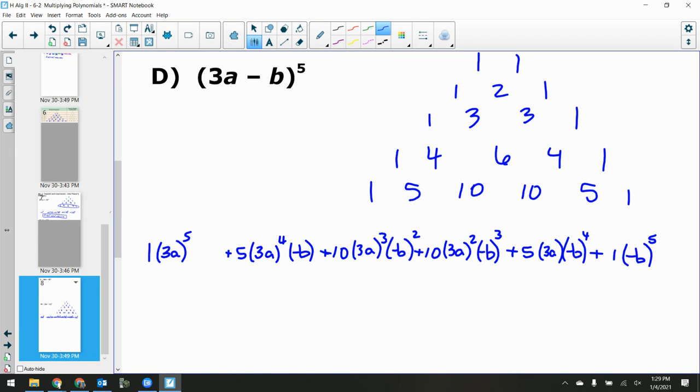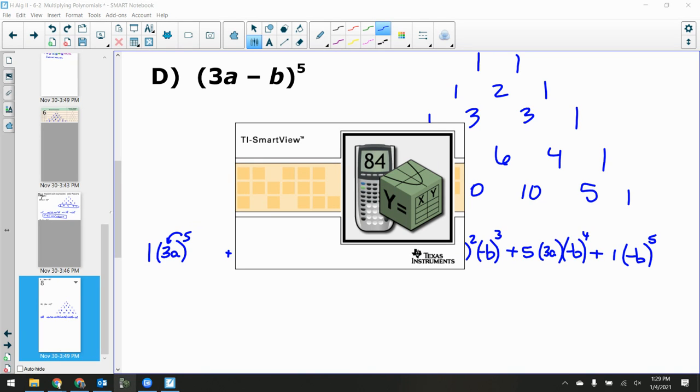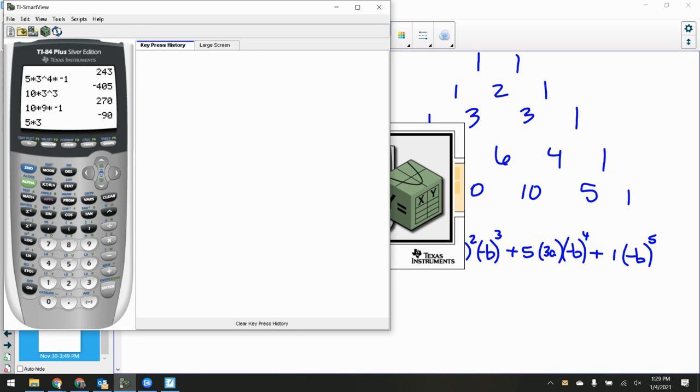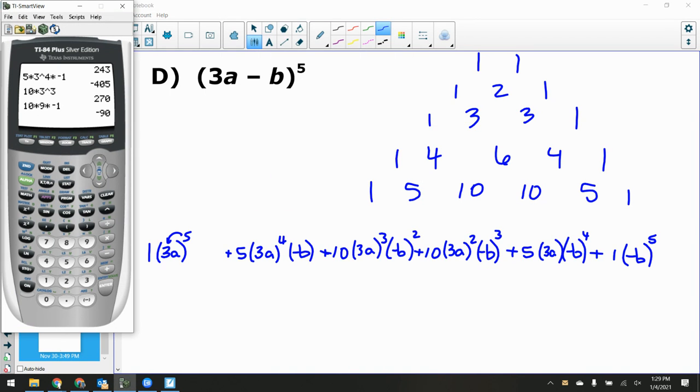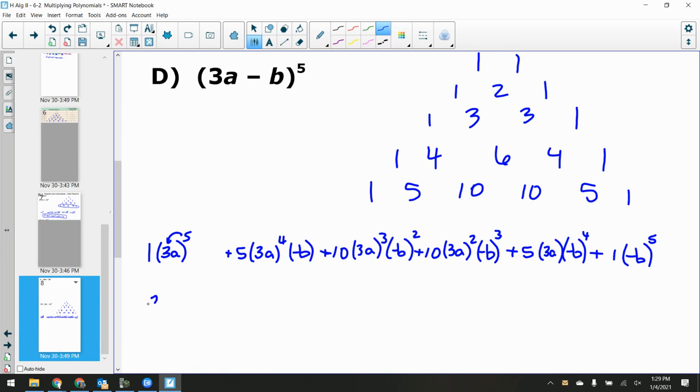Okay, I've got 3a to the 5th. I can distribute the power here. 3 to the 5th, don't know that one offhand. 81, 243, I think. I better look at that. 3 to the 5th. Yeah, 243. I don't know offhand. It was easier than I thought. 243 a to the 5th.